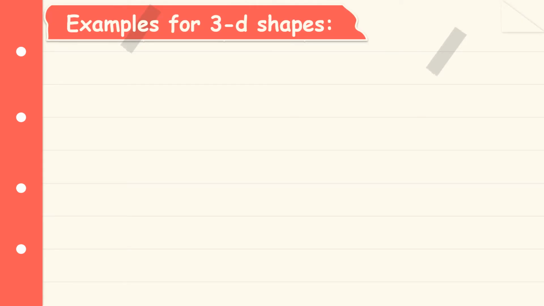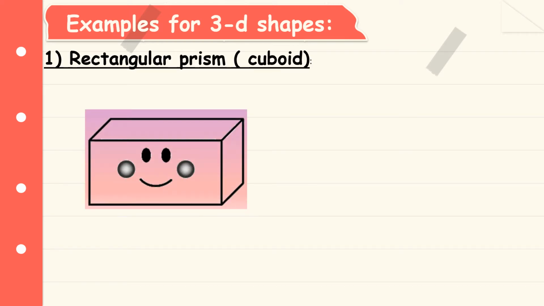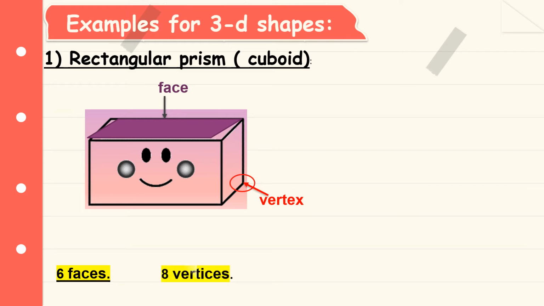Examples for 3D shapes. First one is called rectangular prism. We can call it also cuboid. How many faces in the rectangular prism? 6 faces. And how many vertices? There will be 8 vertices.